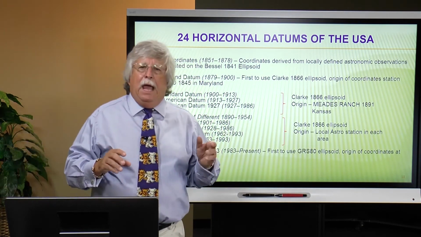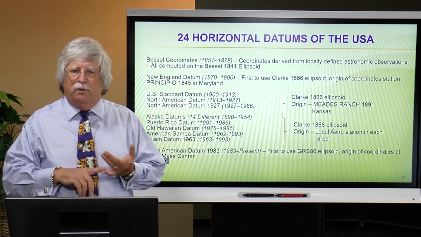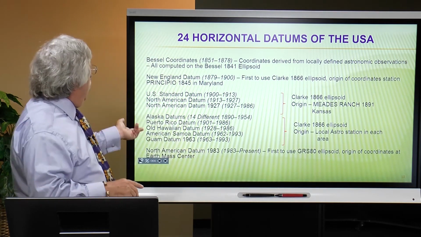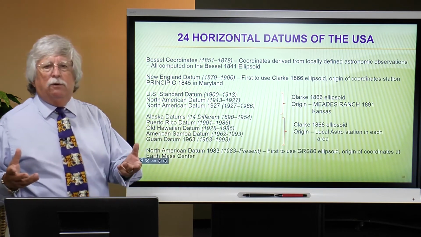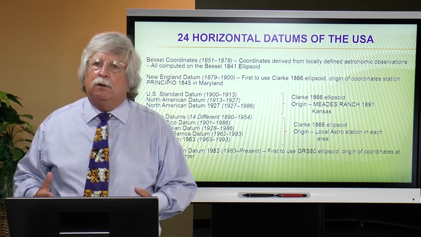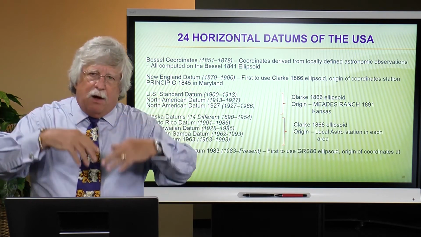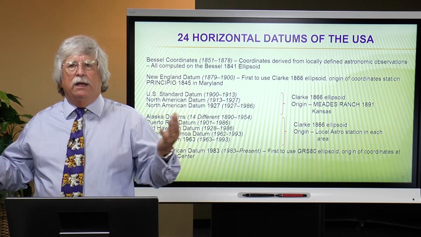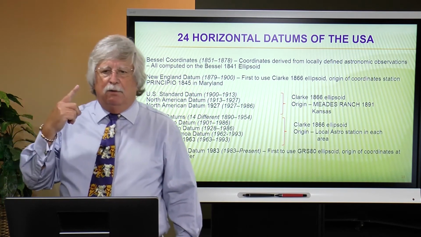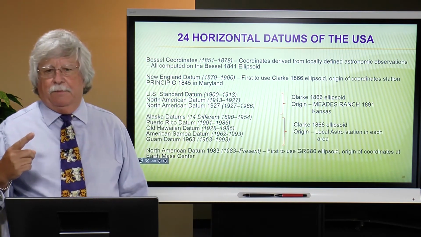Puerto Rico and the U.S. Virgin Islands were under the Puerto Rico datum. Hawaii had the old Hawaiian datum, and then American Samoa and Guam had their own local datums. It's not till the advent of GPS that now we're able to combine all of these disparate areas together in a single coordinate system.